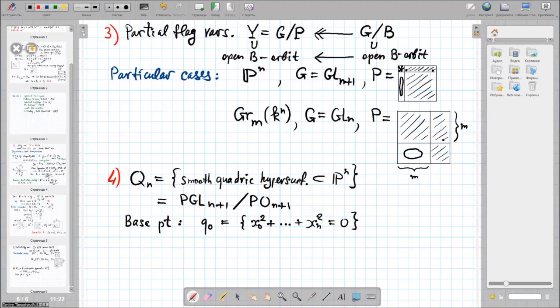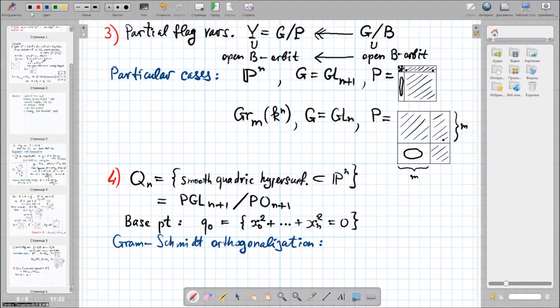Basically, this follows from the Gram-Schmidt orthogonalization process. What does the Gram-Schmidt orthogonalization process say?